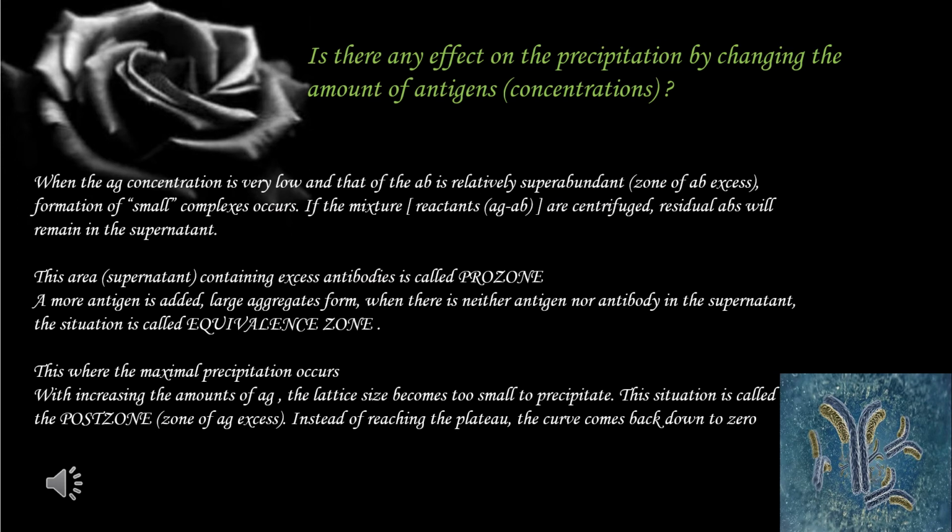So now we can look at whether there is any effect on the precipitation by changing the amount of antigen concentration. Let's look into that. When the antigen concentration is very low and the antibody is relatively high, for example, super abundant in nature, then the zone of antibody will become excess and it leads to the formation of small complexes.